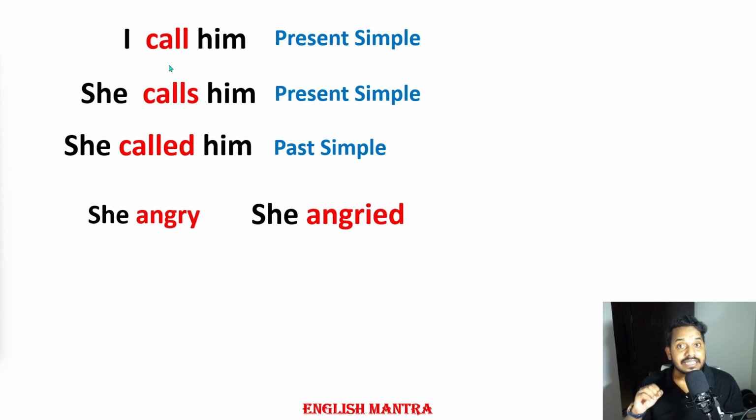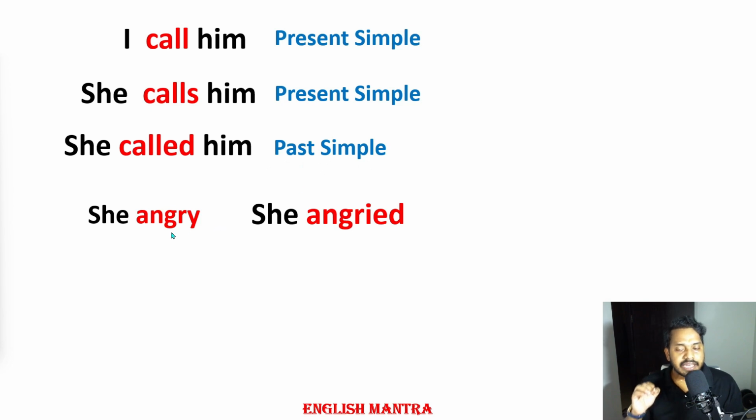No. Actually, see, call is a verb, right? So it has verb forms, and by seeing the verb form, we can identify the tense. If the verb is V1 or V5, we say that the sentence is in simple present. And if the verb is in past form, that is V2, then we say that the sentence is in simple past tense.